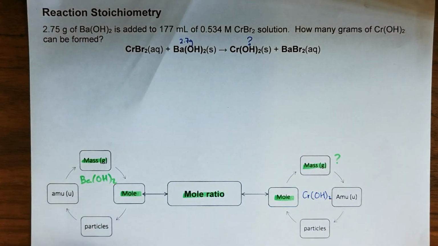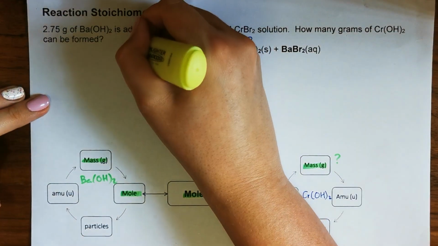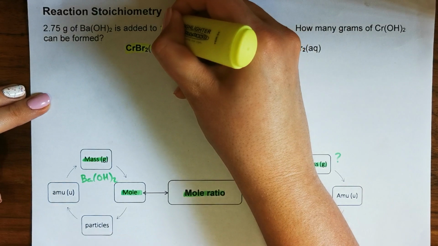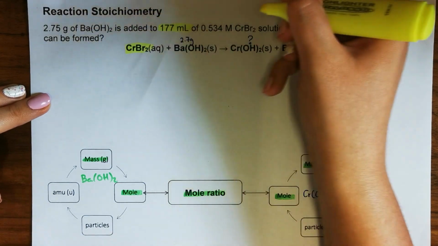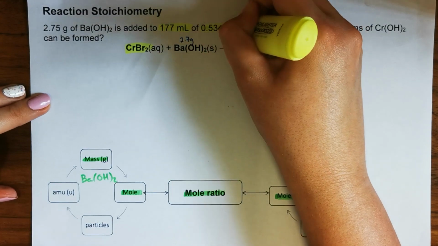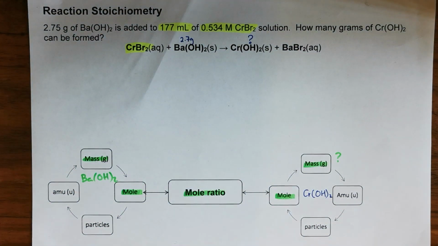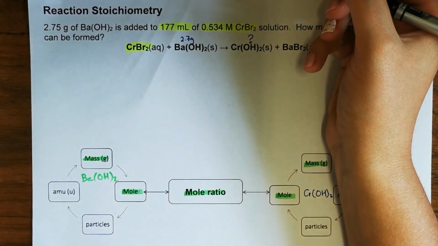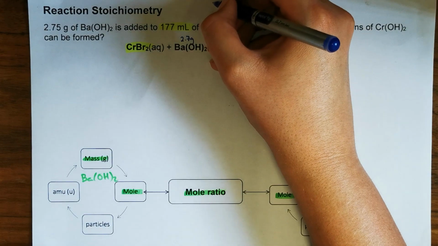However, there are two reactants. We also have chromium bromide, and we're given this information about the chromium bromide. We're given the volume along with the concentration in molar. And remember, concentration is in itself a conversion factor.